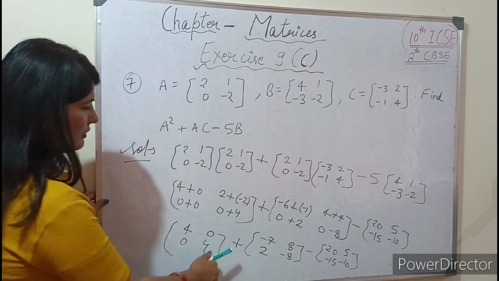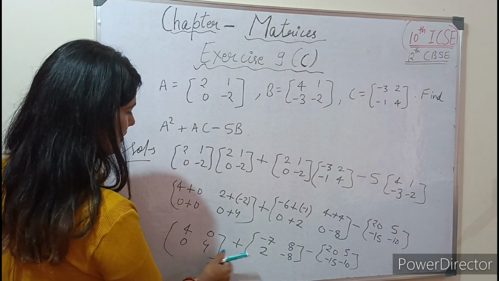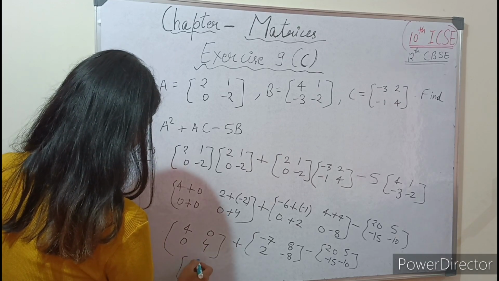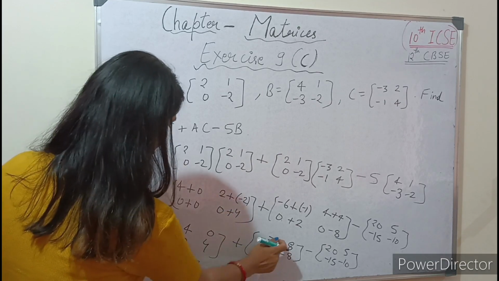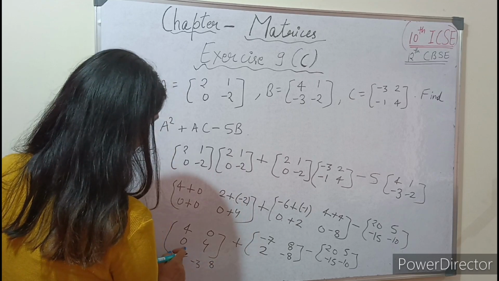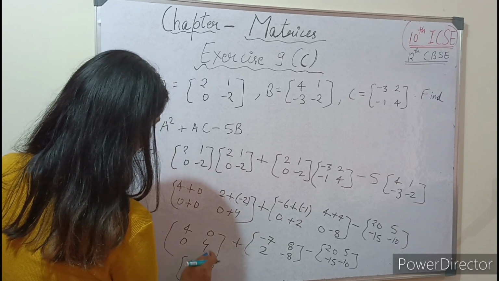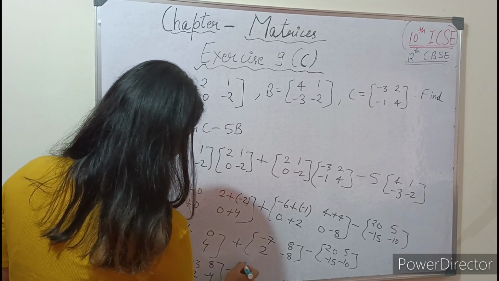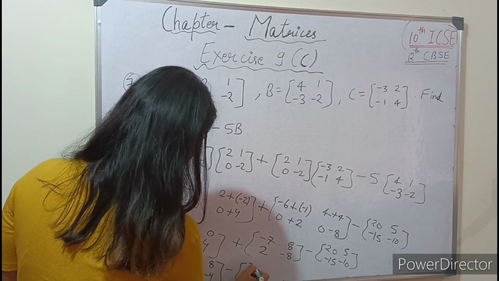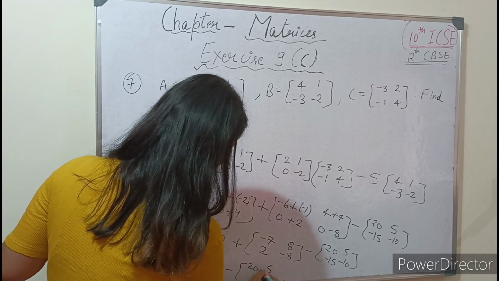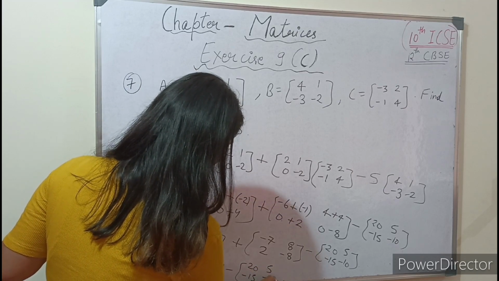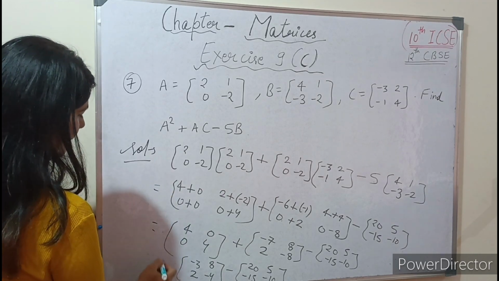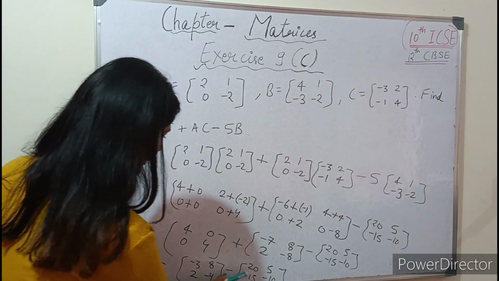Right. Now here this is the addition sign. So it means you have to add both the values. 4 minus 7 is minus 3, 0 plus 8, this is 8. 0 plus 2 is 2 and 4 minus 8 is minus 4. And this is minus sign. This is 20, this is 5, this is minus 15 and this is minus 10. Right. Now the last step, in this case you have to subtract both the values.